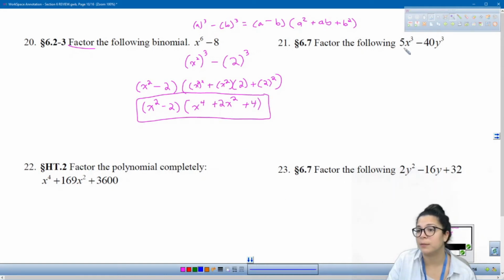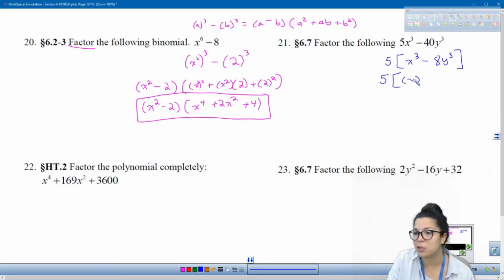Number 21, factor again. All right, we can factor out a GCF on this one. We can factor out 5. And then we get x cubed minus 8y cubed. So we have the difference of cubes again. In this case, a is just x and b is 2y.